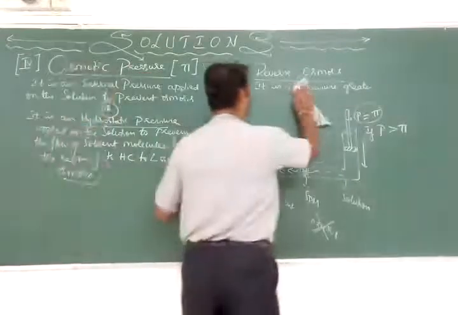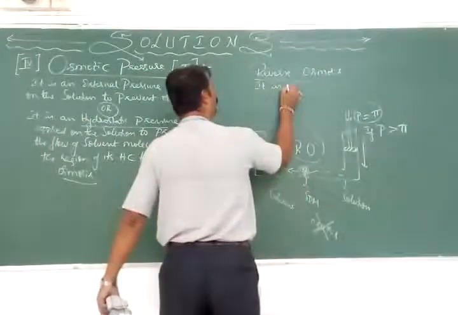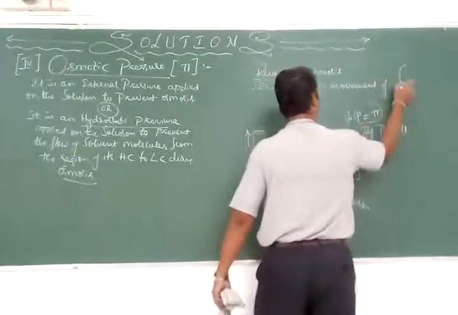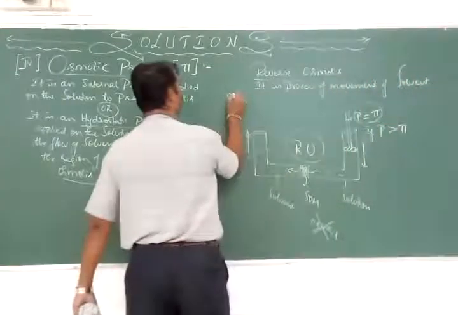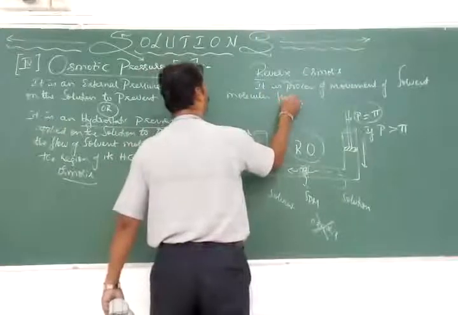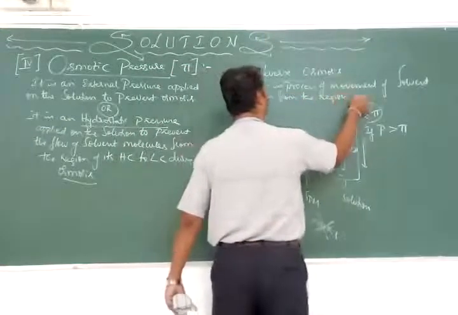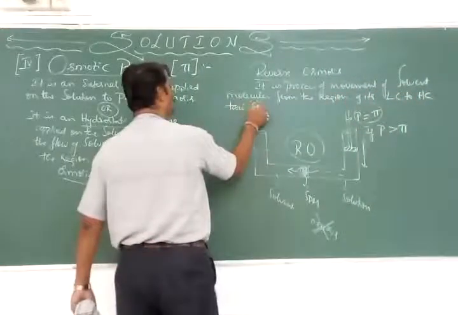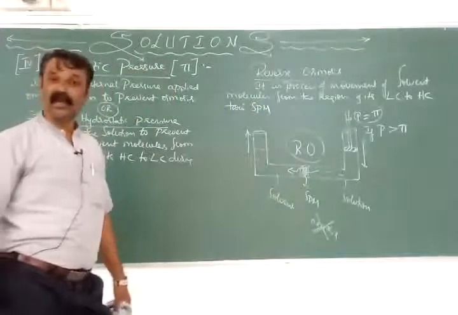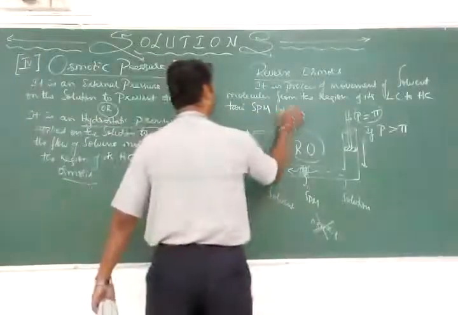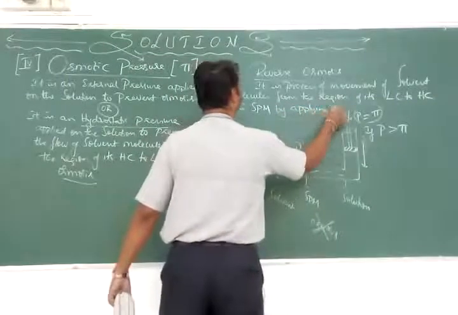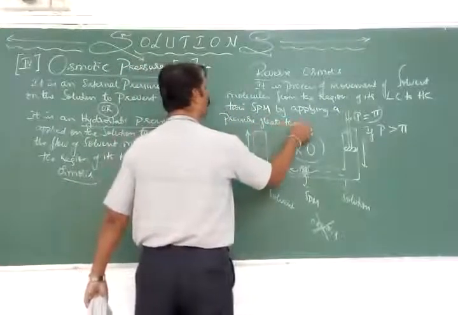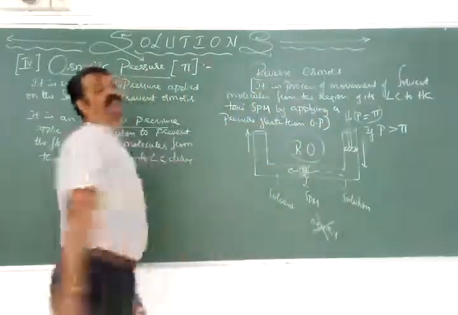It is a process of movement of solvent molecules from the region of its lower concentration to higher concentration through the SPM, semi-permeable membrane, by applying a pressure greater than OP. What is OP here? Osmotic pressure.